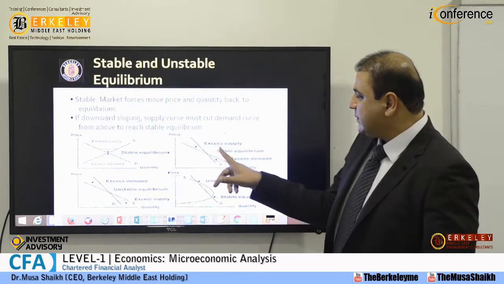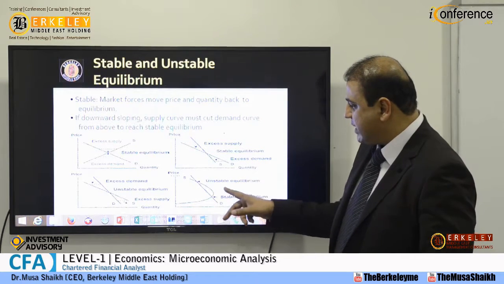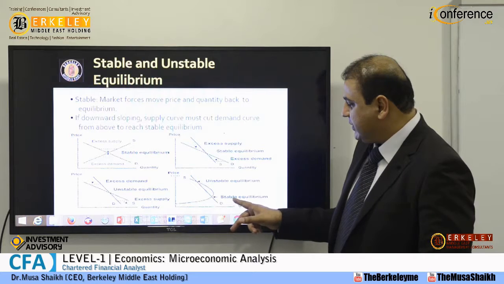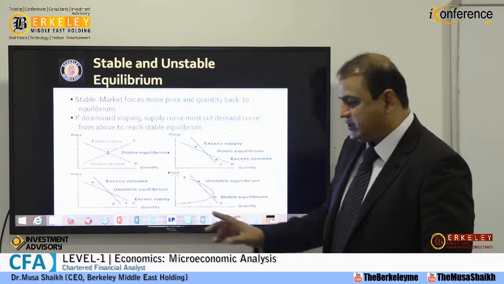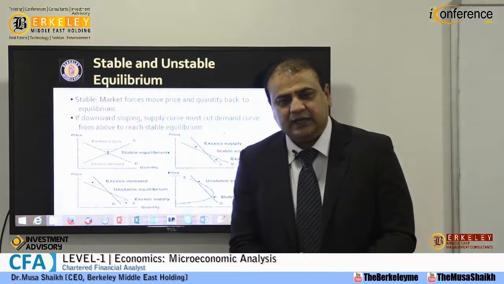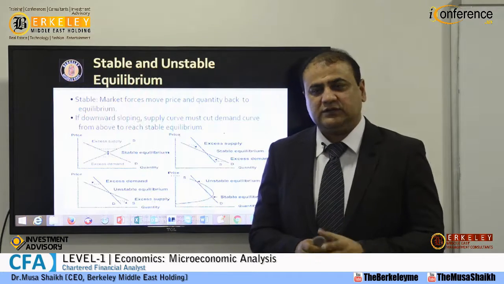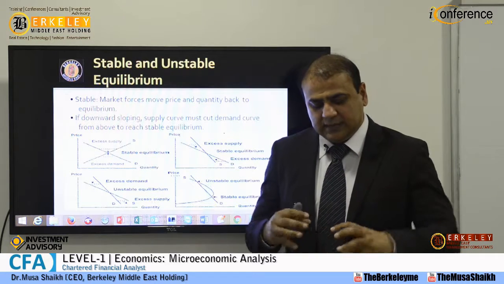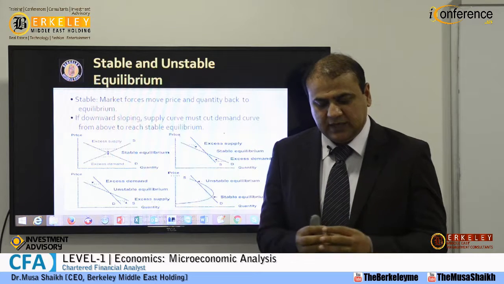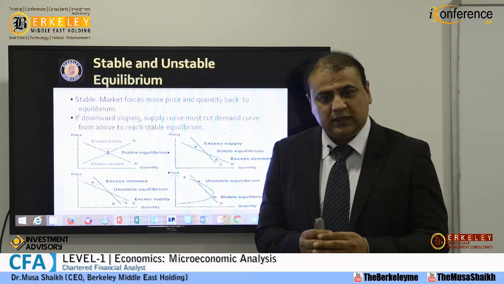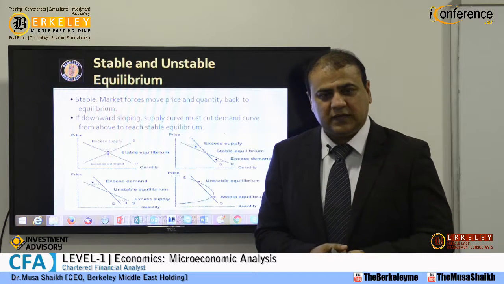Here excess supply is going to create stable equilibrium, and unstable equilibrium will be of this flow, with inverted curves. So the main reason to understand is the pattern of demand and supply, and if demand exceeds and supply is not available, it will be a problem for the market.